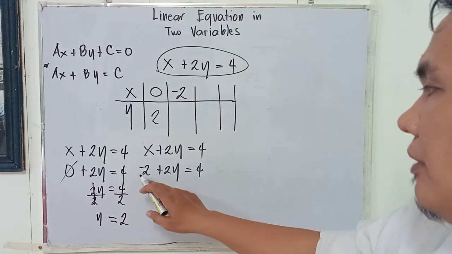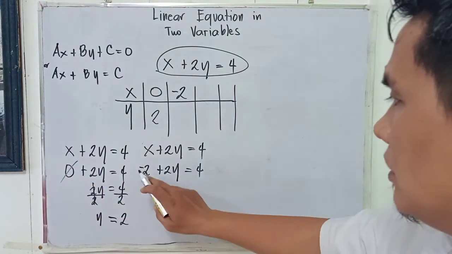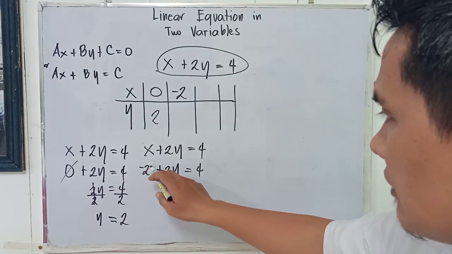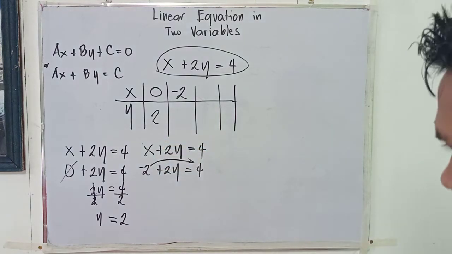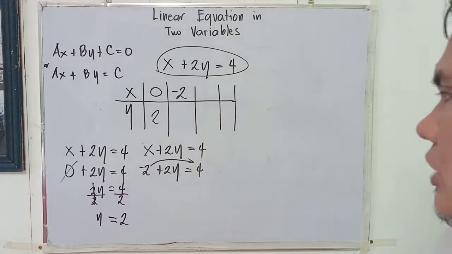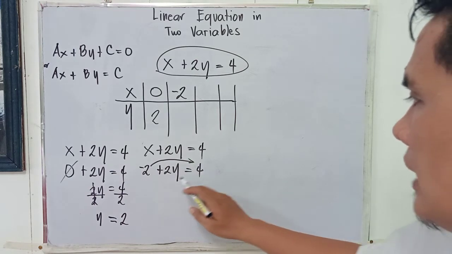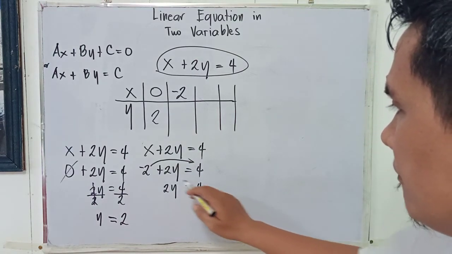And take note, before we had 0 here, so that was cancelled out, but now we have our negative 2. Our negative 2 will be transposed, or by using the addition property of equality, you can use that one, but as a shortcut, we can transpose our negative 2 to the other side. So what is left is 2y is equal to 4.